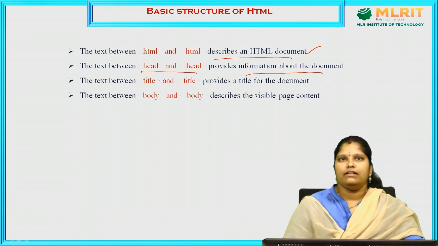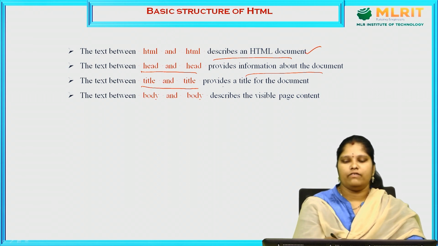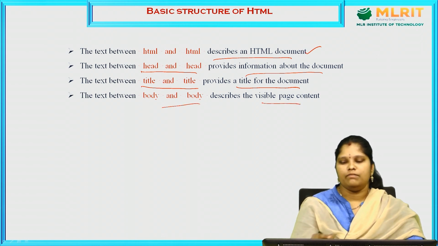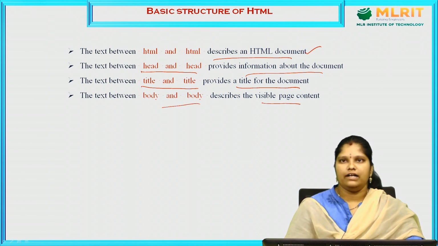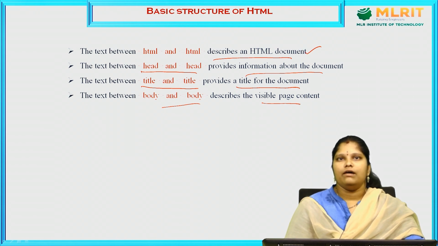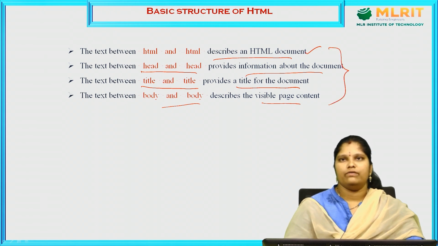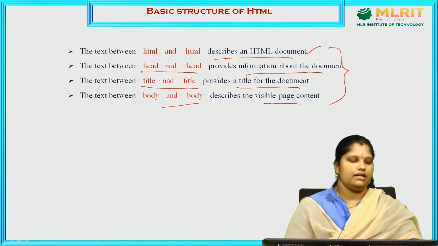The next tag is title, which provides the title for the document. And the next tag is the body, which describes the visible page, whatever content is visible to the customer, and that will be inserted in the body tag. These are the basic tags we use for creating HTML documents.